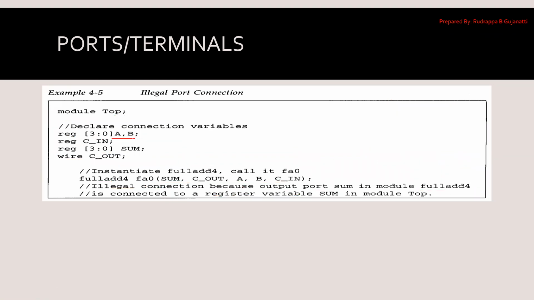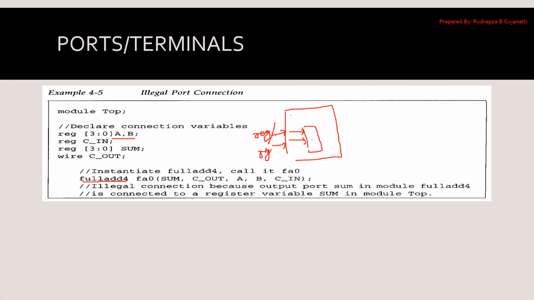A and B are given as input to the full adder, so these two are going as output from the top module. The full adder is the internal module, and the top module is the external module. Since they are going as output, they can be declared as reg or net data type.